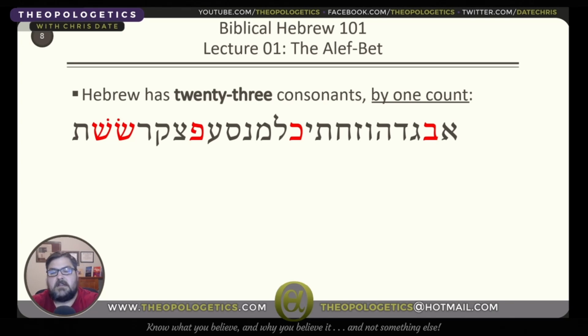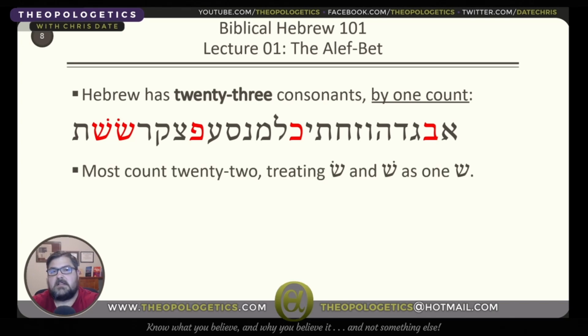So more often than the claim that Hebrew has 23 consonants is the claim that Hebrew has 22 consonants. And the reason is because they treat those two left characters at the end that I've got colored red. And when I say end, remember, I'm talking right to left, so on the left end. Most accountings of the number of characters in the Hebrew Alef-Bet treat those two as a single character, a character without the dot that is on either side of those two characters.